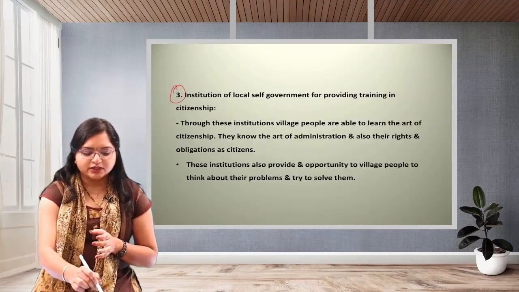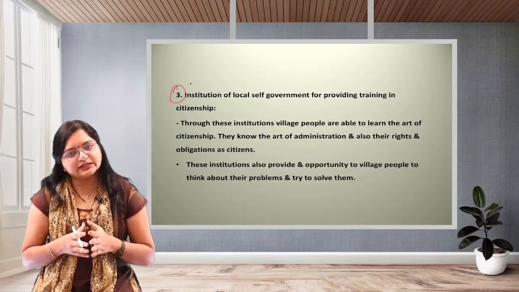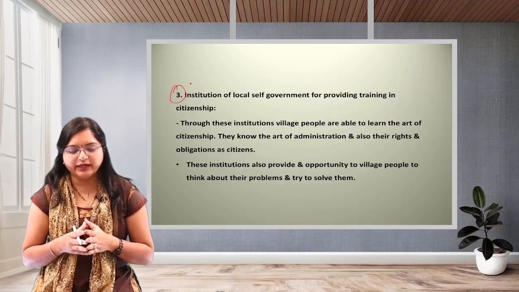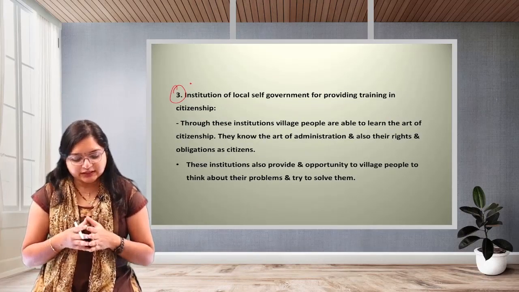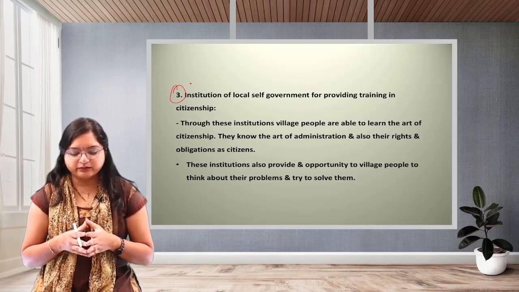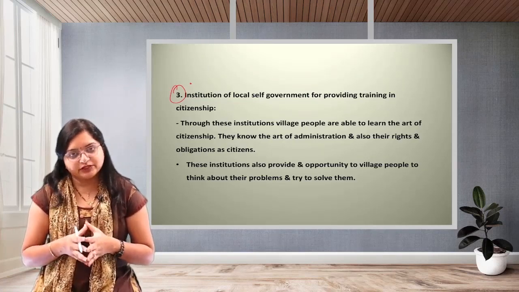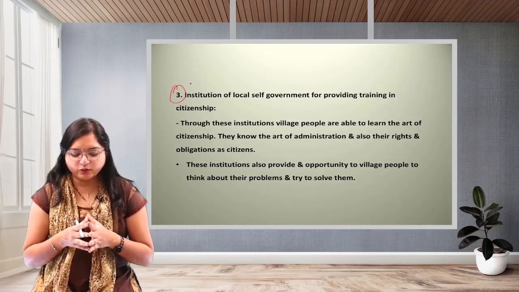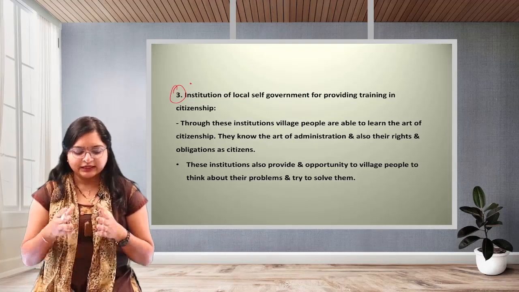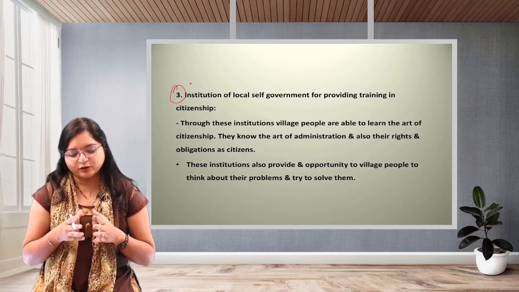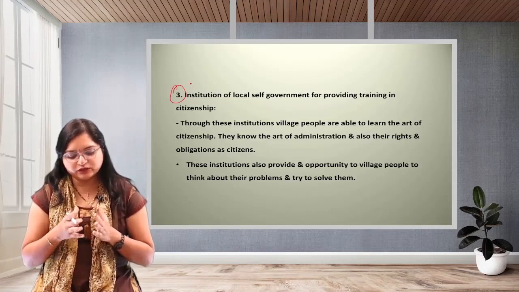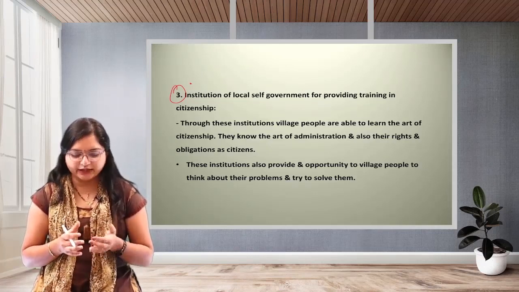Then the third objective is institution of local self-government for providing training in citizenship. Through these institutions, village people are able to learn the art of citizenship. They know the art of administration and also their rights and obligations as citizens. These institutions also provide an opportunity to village people to think about their problems and try to solve them.